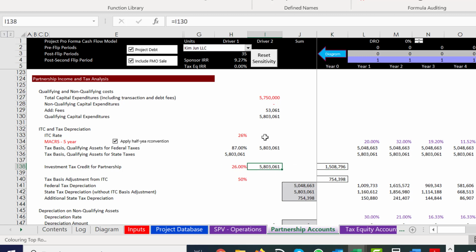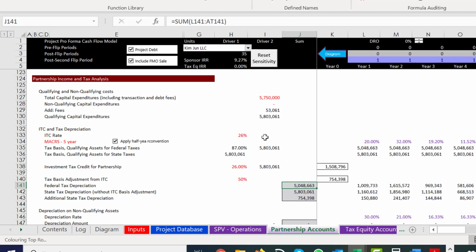Understand in New York, you would depreciate this amount. In California, you would get the additional amount. That's what I understand. And then we put our basis reduction, which is this 50%, which comes from the thing. And then we just say that's times the investment tax credit gives us this. Okay.